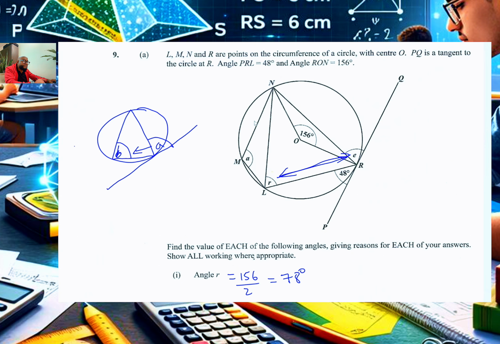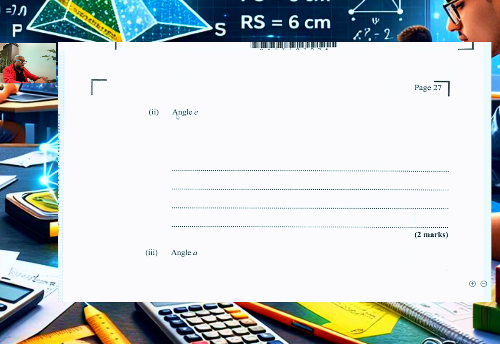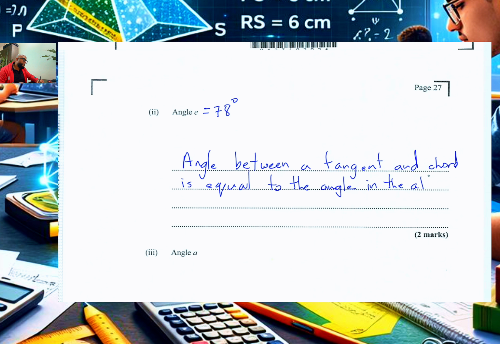E would be equal to 78 degrees, and we're going to put our reason. So E is equal to 78 degrees, and the reason will be angle between a tangent and a chord equals the angle in the alternate segment.